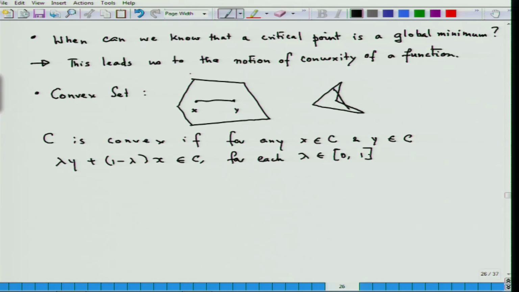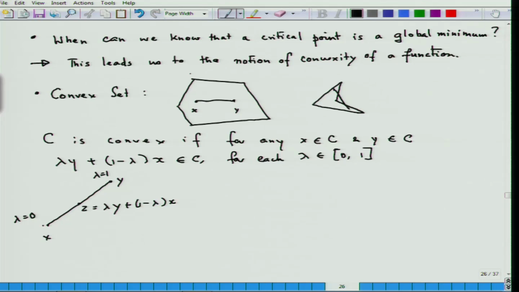You see this, for any lambda between 0 and 1, this represents a point on the line segment joining x and y including x and y, that is here is x and here is y. Any point z on this line segment is lambda y plus 1 minus lambda x. Now you see, when I put lambda equal to 0 I get x, when I put lambda equal to 1 I get y.